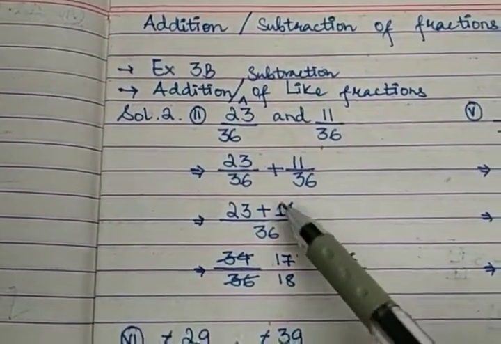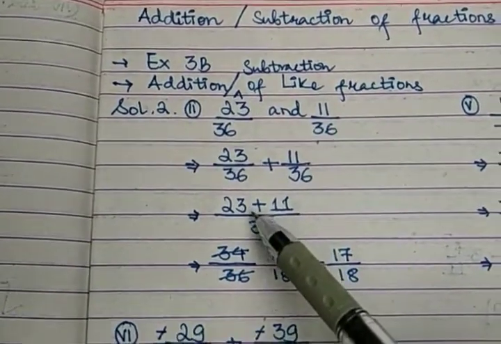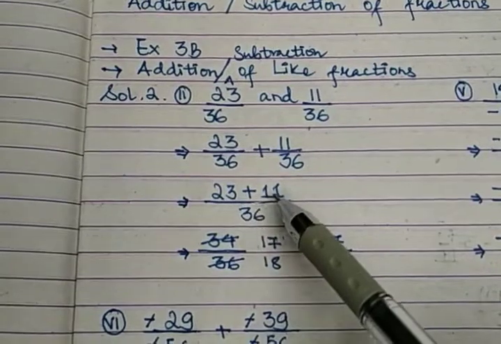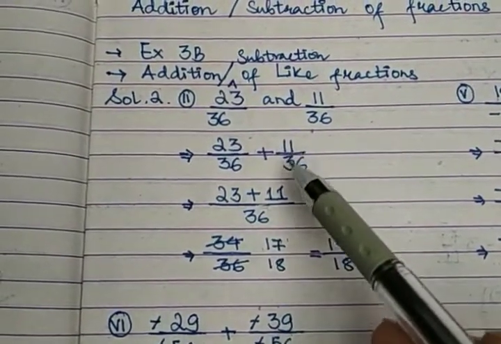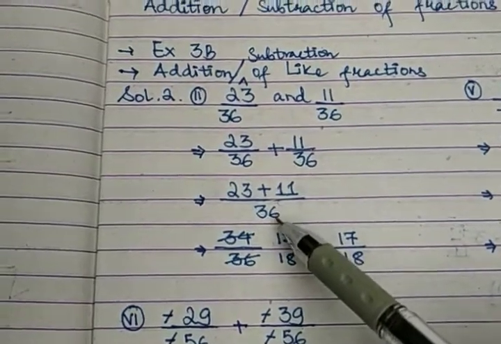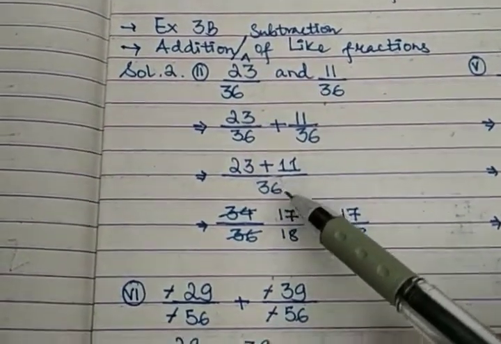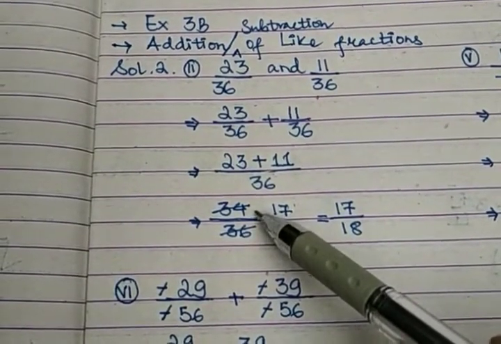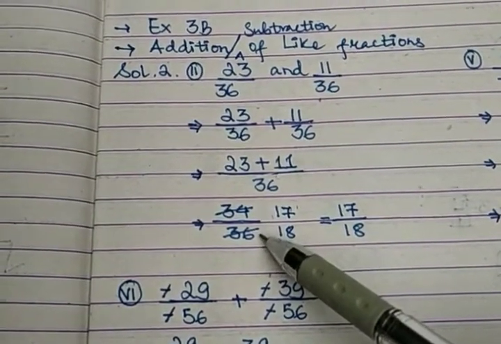So as I said, all we need to do is simply add the numerators. In the next step I wrote 23 plus 11, the numerators, and placed the denominator as it is, just one denominator, that is 36. After adding, I got 34 in the numerator, and the denominator remains the same, 36.